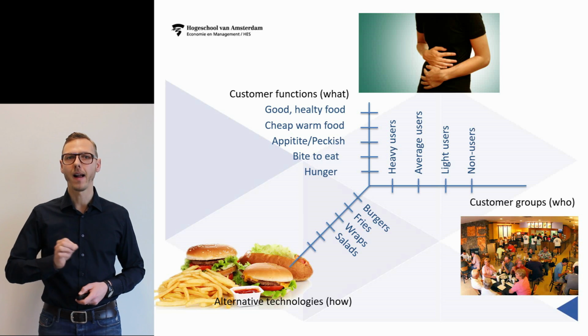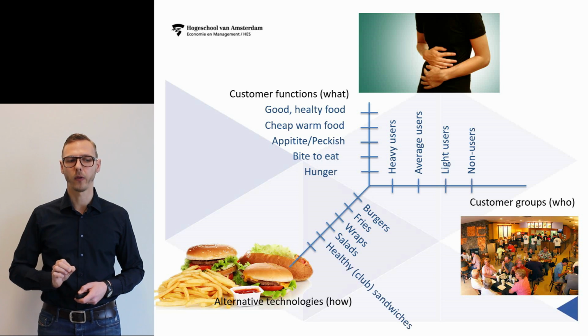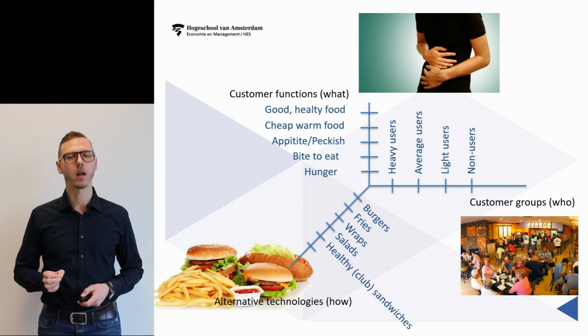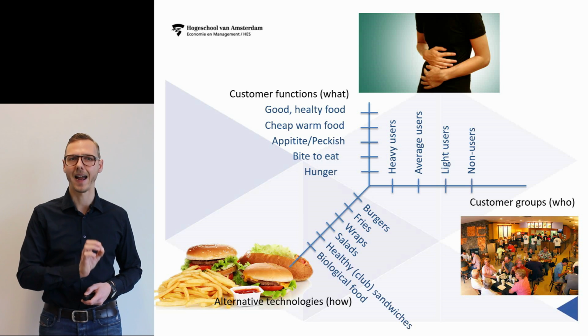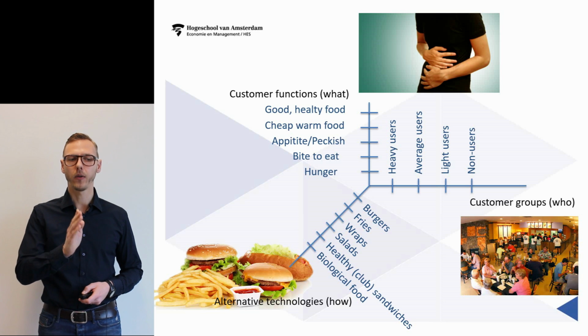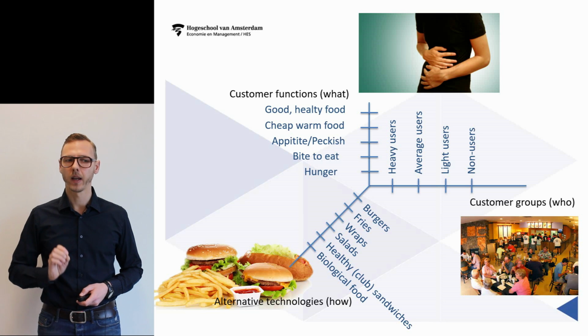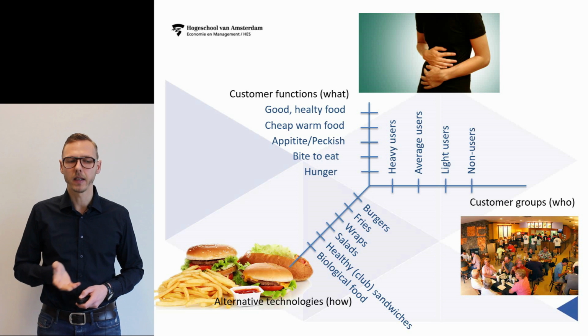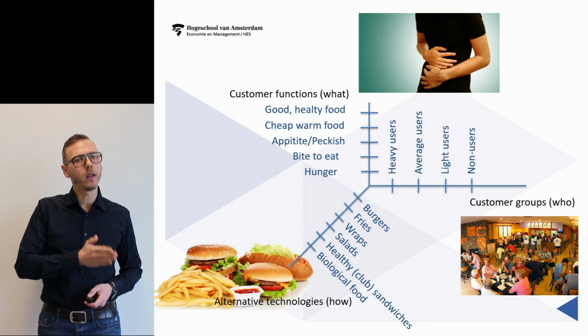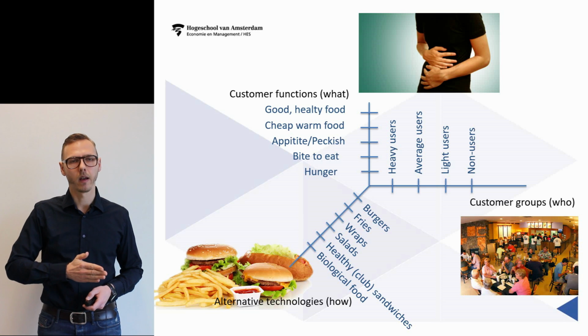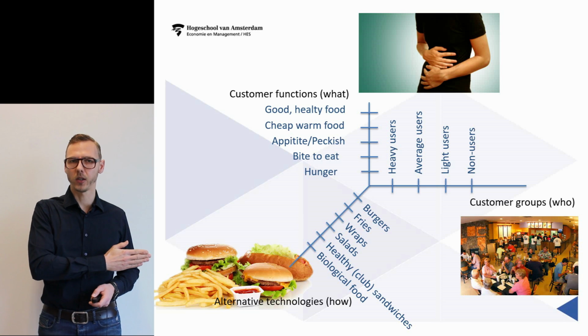Others maybe have healthy sandwiches, for instance, or even biological food, which your fast food restaurant doesn't have. But still, if you look at the light users, and they want good healthy food, or maybe they have appetite, they could fulfill these needs with products of your competition.